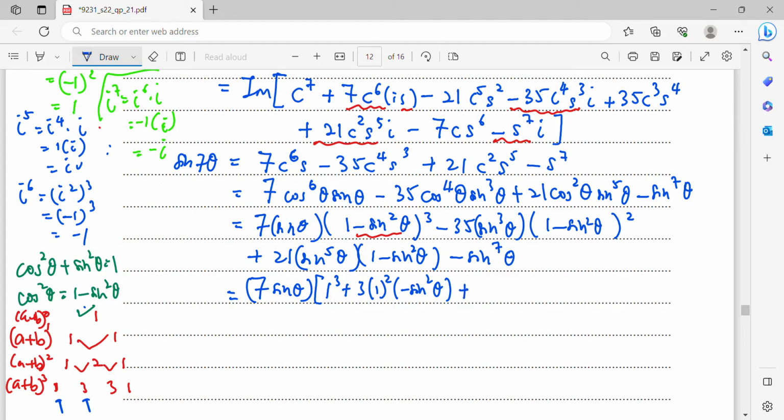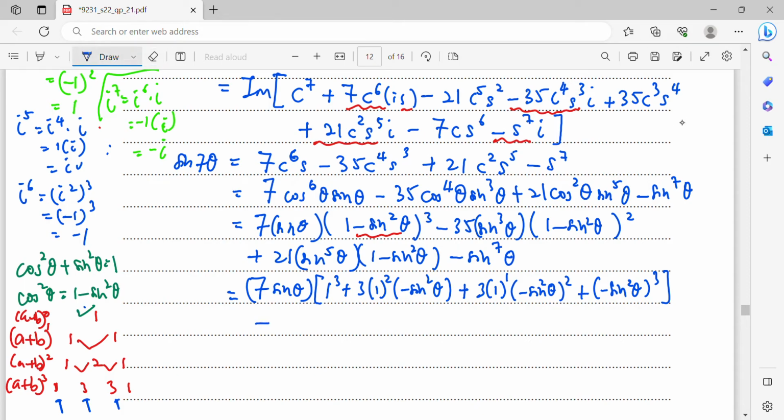Okay, plus the next coefficient is 3. So 3, 1 degree 1, minus sine squared theta degree 2, plus negative sine squared theta degree 3, because the coefficient is 1. So I will just directly write plus 1 here, no need to write the 1. So that is my first expansion.